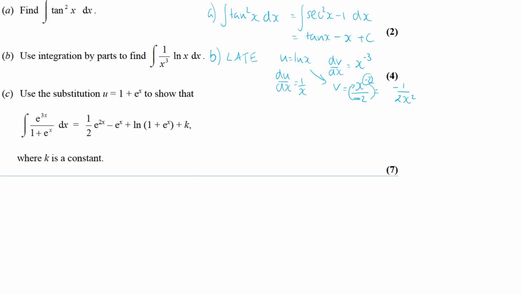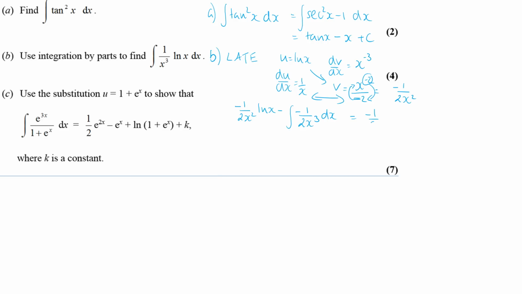X to the minus 2 is x squared underneath. So times those two together, it's minus 1 over 2x squared, the ln of x, minus the integral of, when you multiply the bottom two together, 1 over x times minus 1 over 2x squared, that will give us minus 1 over 2x cubed.